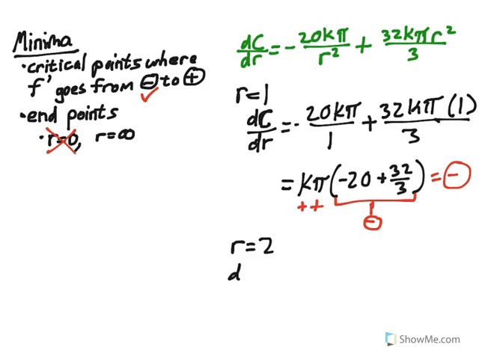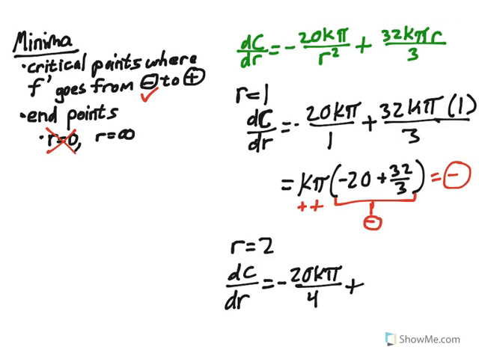So in that case, dC/dr is going to be negative 20k pi over r squared, which is going to be 4, plus, oh, whoops, made a mistake.